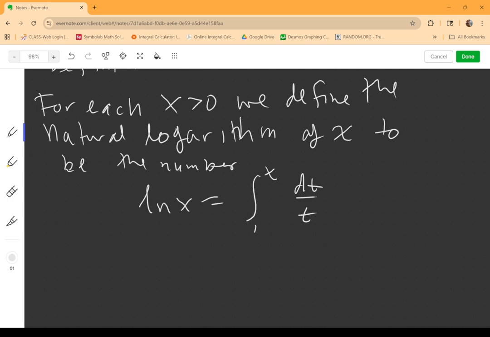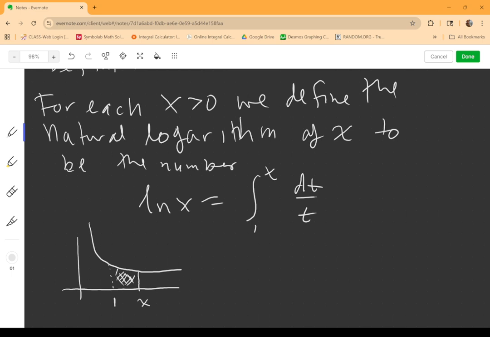Okay. All right, so we're defining the natural logarithm as this here, essentially the area under the curve.